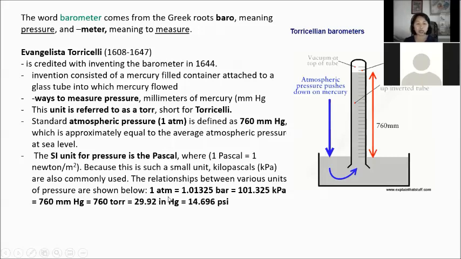1 atm, atm is atmosphere, is equivalent to 1.01325 bar. Bar is another unit of pressure, equal to 101.325 kilopascal, equal to 760 mmHg, equal to 760 torr, equal to 29.92 inches mercury, and equal to 14.697 psi, where psi is pounds per square inch.